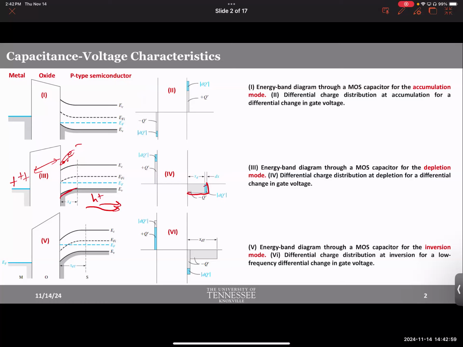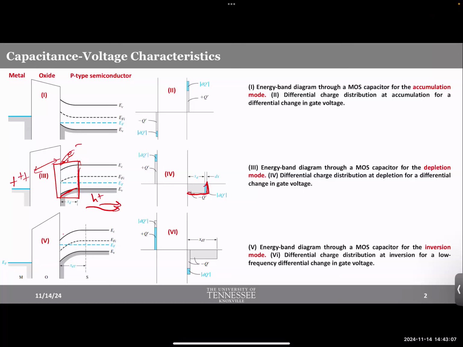So you deplete this layer of holes. You have a depletion layer, and on top of it, you can create some additional electrons that pile up here. The stronger the inversion is, the more electrons will appear here. So apparently you have two aspects here: one is the electrons piling up and positive charge at the gate, so you have a parallel plate capacitance option.